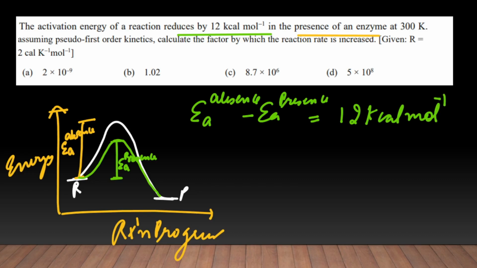The temperature is 300 Kelvin, assuming pseudo first order kinetics. We have to find the factor by which the rate has increased, that is, the rate constant in the presence of the catalyst upon that in the absence. So let us do this now.